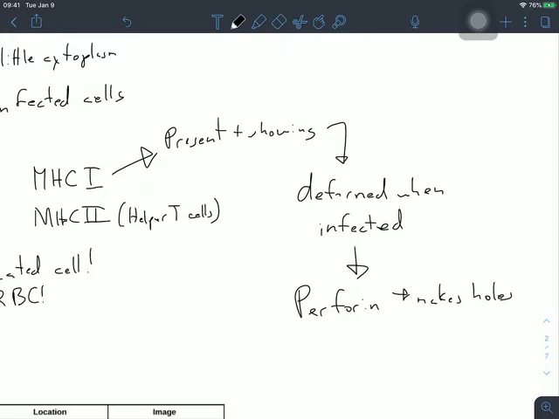And then granzyme, which is going to start to eat the cell that's infected and therefore cause apoptosis. So we just blow everything up, as is the defense mechanism.